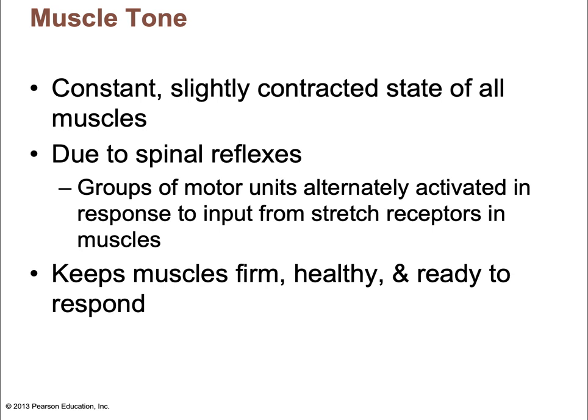Whereas if you damage the pathway from the brain to the nerve fibers that talk to the muscle, you'll go into what's called spastic paralysis, where the muscles will undergo periods of contraction and relaxation, but will still not be under conscious control.